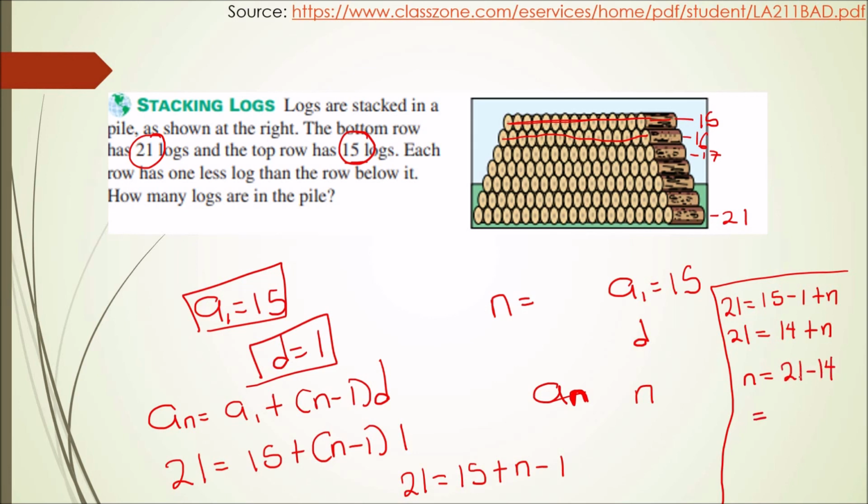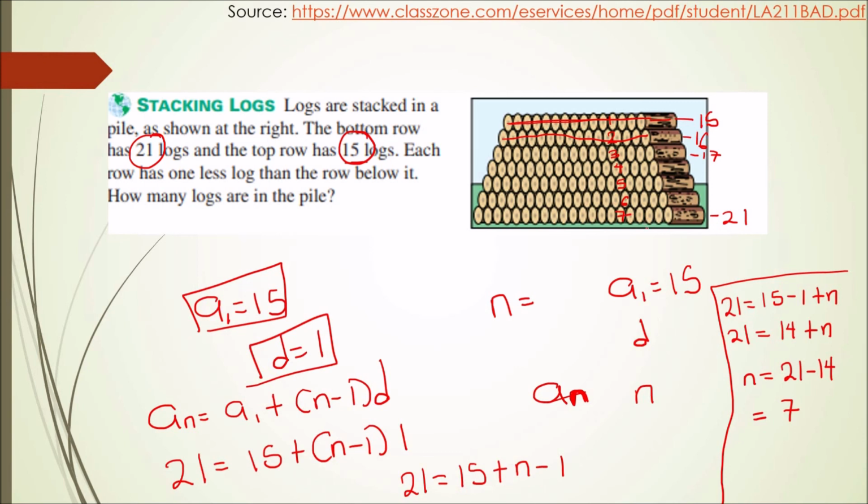And what's n? 21 minus 14, that should give us 7. So it means there's 7 rows. And even if we decide to count them with our eyes, 1, 2, 3, 4, 5, 6, 7. There are 7 rows.